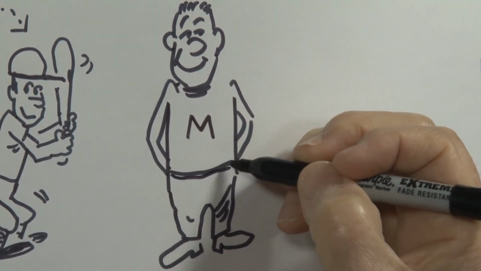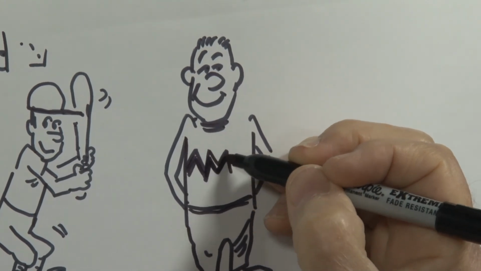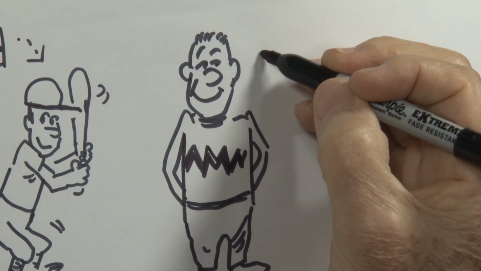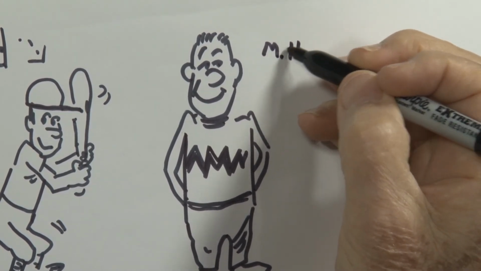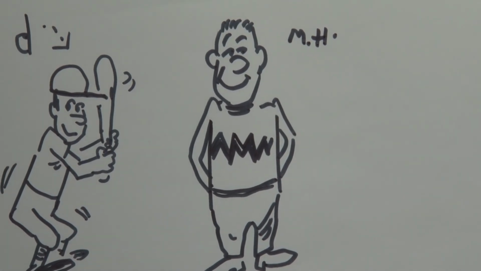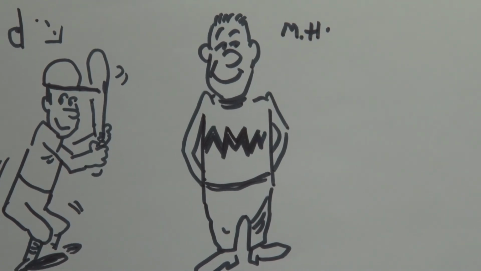I mean, this could be, but I'd rather give it a Charlie Brown design right across the middle. So there is the MH. Let's take a short break, and then we'll finish up with these initials that Ms. Allender sent me.